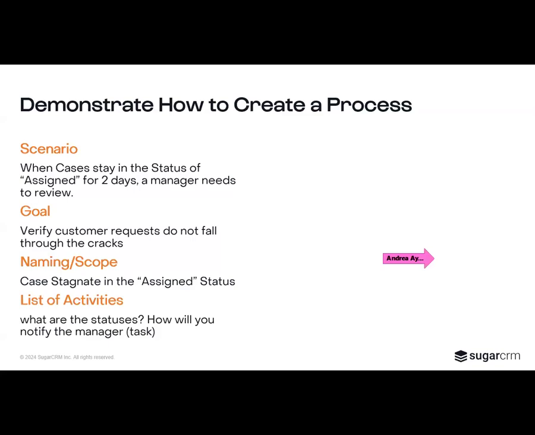Then I may need to know that status in more than one location. Totally legitimate. Also, how are you going to notify this particular person? Now, this is me. This is not SugarCRM. This is my preference. I like to do task. Okay. I don't do email because emails can be, oh yeah, I skip it, right?